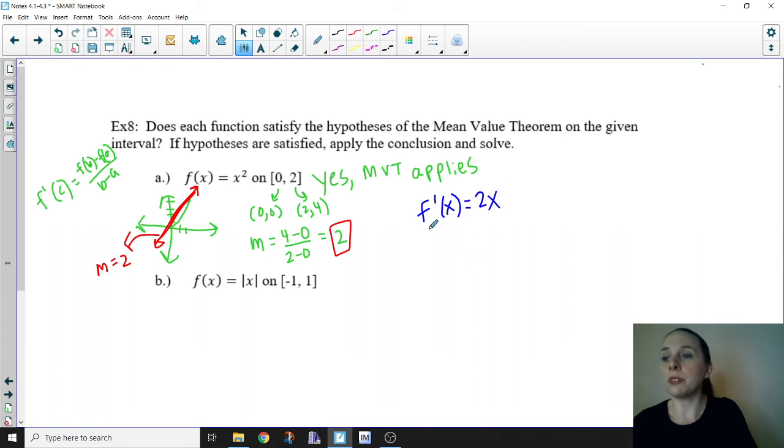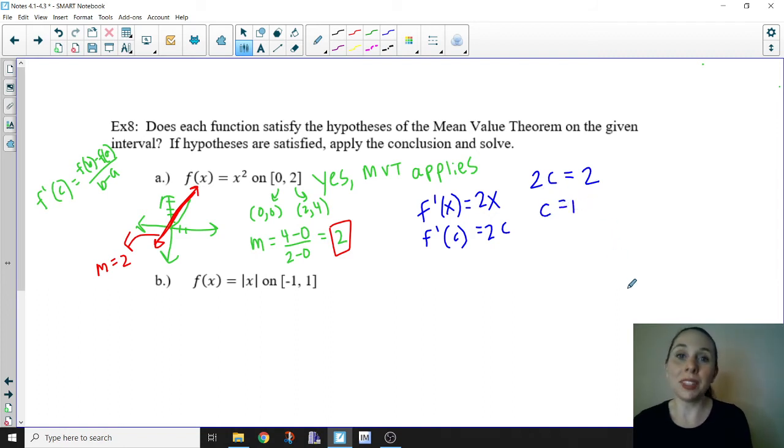And let's write it in terms of c. If f prime of x is 2x, then f prime of c is 2c. Now, take that 2c and set it equal to what you found to be your slope of your secant line. Solve. Divide both sides by 2, c equals 1. Now, what is that saying? That's our answer, by the way.